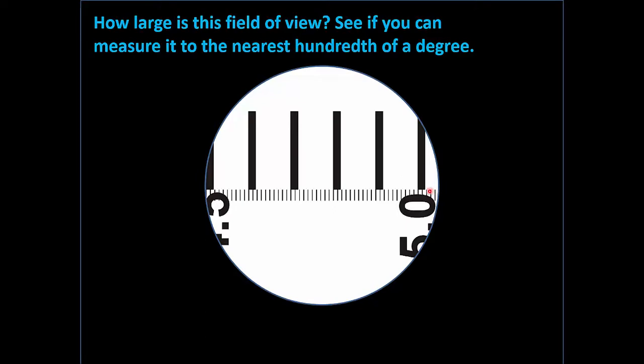So I'd estimate this field of view is either 0.55 degrees or maybe 0.54, but probably pretty close to 0.55. So when we're getting down to the nearest hundredth of a degree, we're really splitting hairs, and I don't worry about missing by 1/100th of a degree on this.